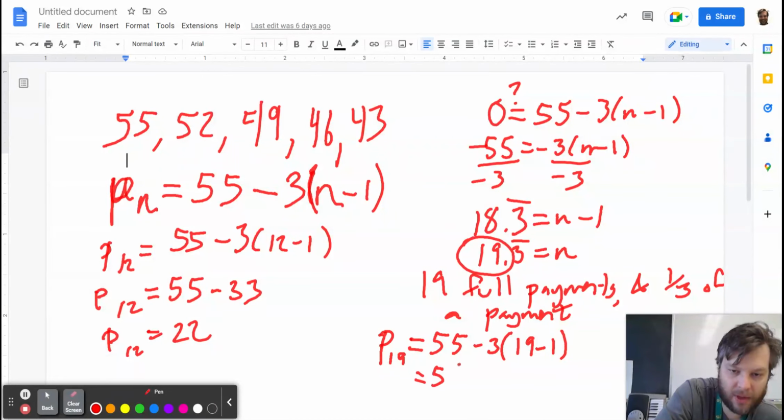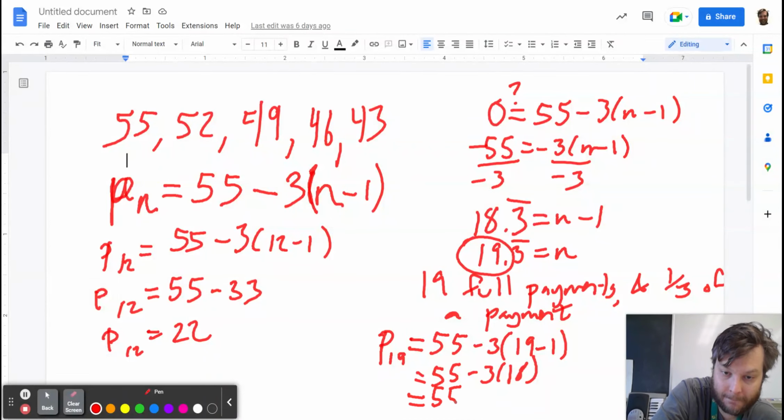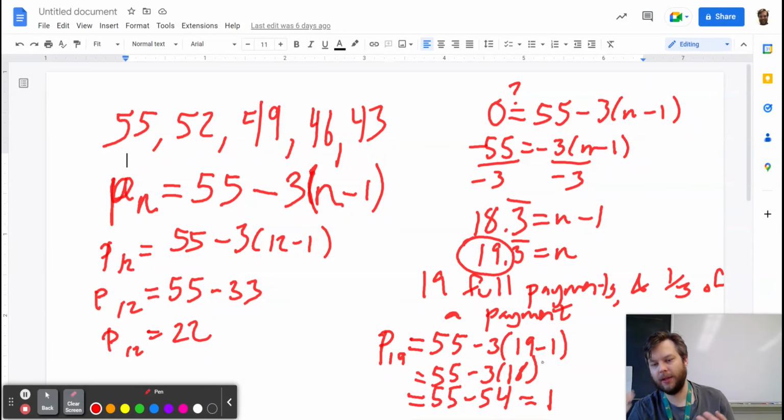So that's 55 minus 3 times 18, which is 54, which means his last payment is $1, which makes sense. It's a third of the normal payment.